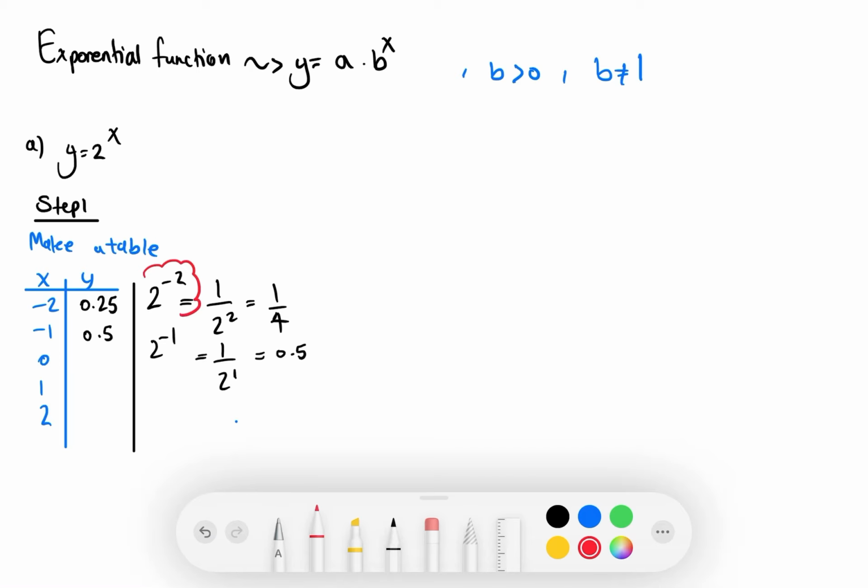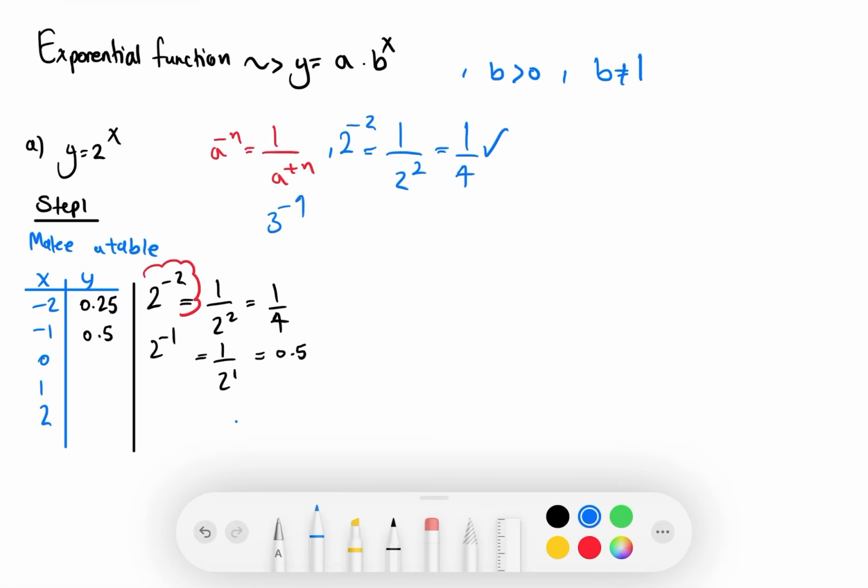Now, one of the main things that people get confused about is this part. They forget the fact that any number being raised to a negative power can be written down as a reciprocal, but with a positive power. So, for example, 2 to the power of -2 can be written down as 1 over 2 to the power of 2, which is 1 over 4, right?